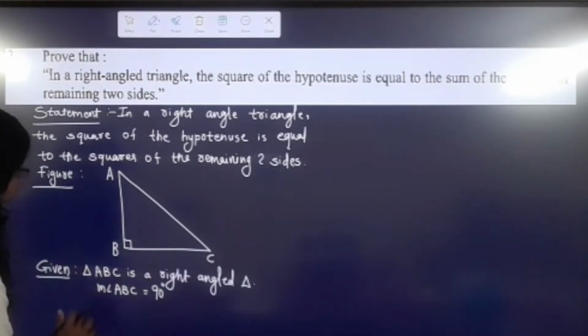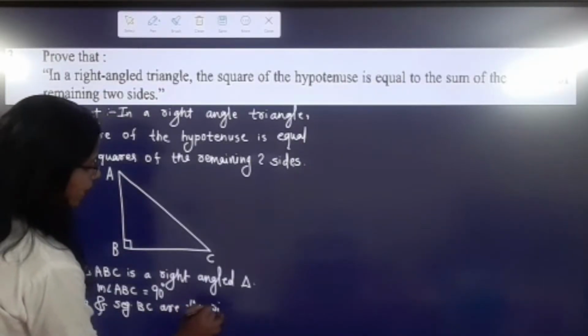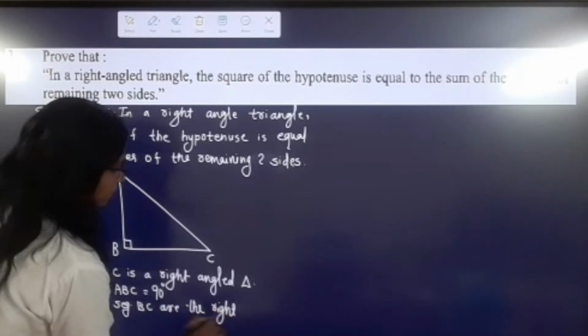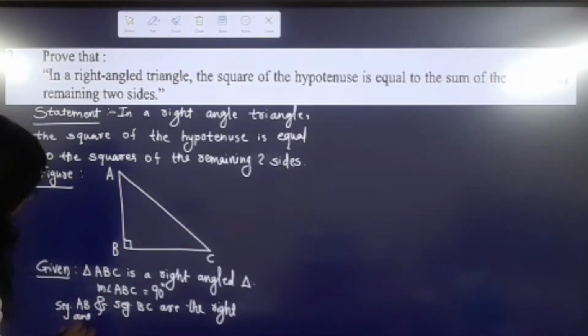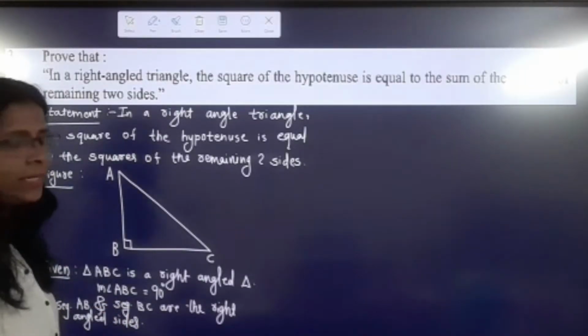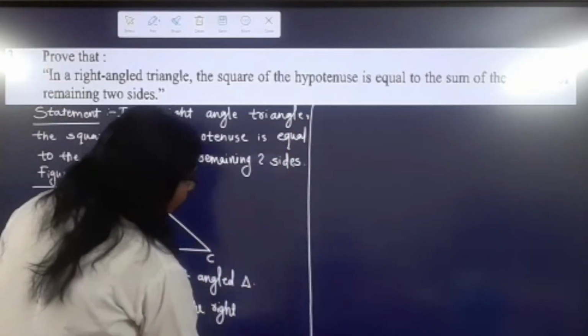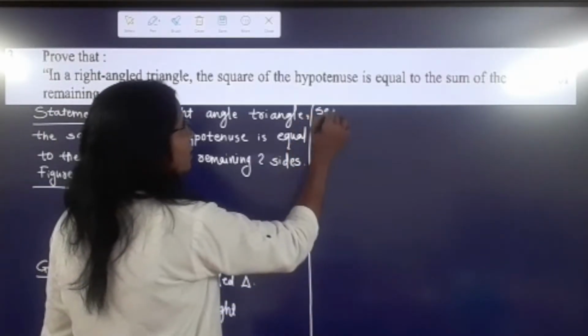You can also write that segment AB and segment BC are the right angle sides, and segment AC is the hypotenuse.